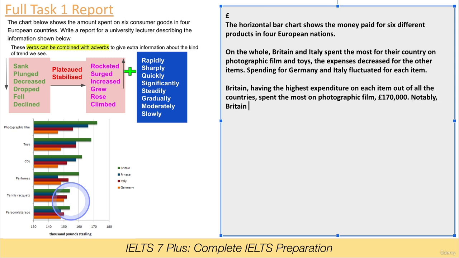Notably, Britain had the same. Spent is quite a tricky word to paraphrase. Had the same amount of money.